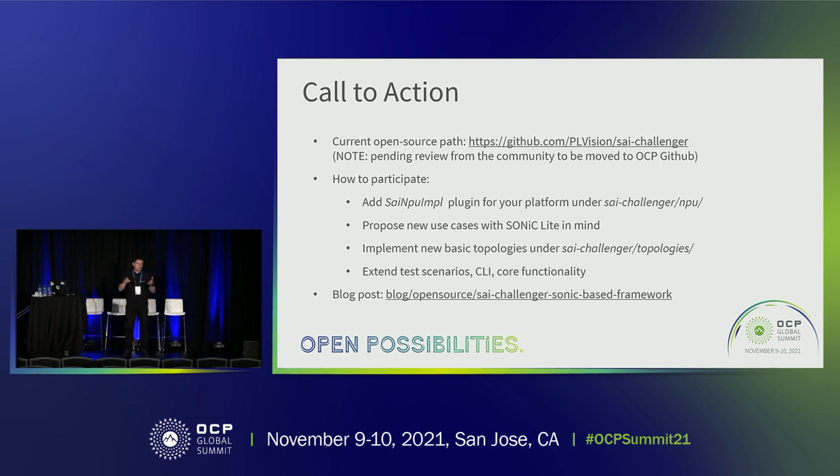SAI Challenger proposes an approach to do something similar. So you can define the basic configuration and then reuse it in your test cases. So new topologies are welcome, as well as extensions of the core functionality. And again, we are currently in negotiation with OCP. We are ready and open to contribute this solution to the OCP GitHub.